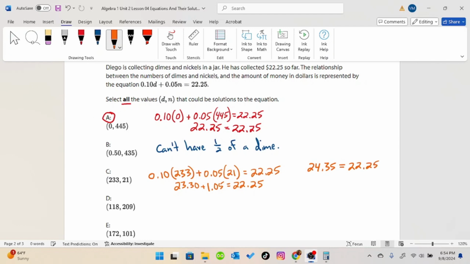That does not equal $22.25, so it cannot be a correct answer.